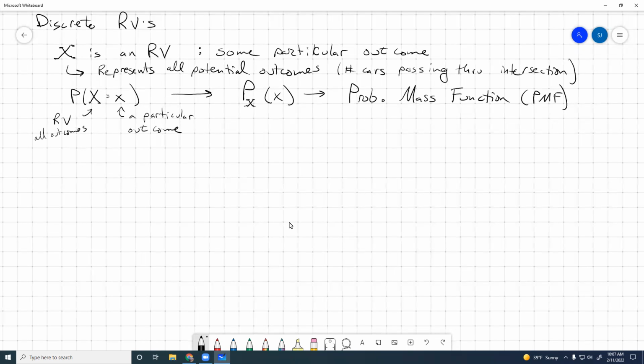So we can write this out graphically. It's kind of the best way to do it for a discrete variable. And this is x, and this is P of x, P big X of x, also known as our PMF.